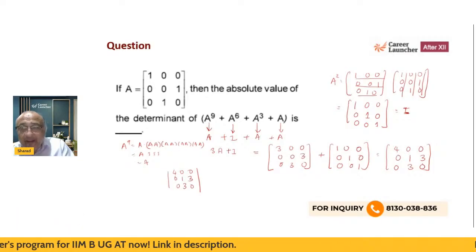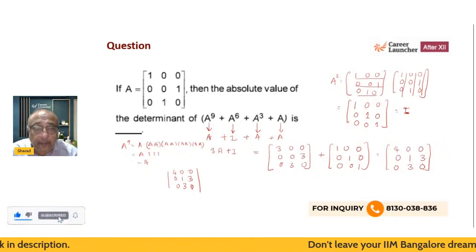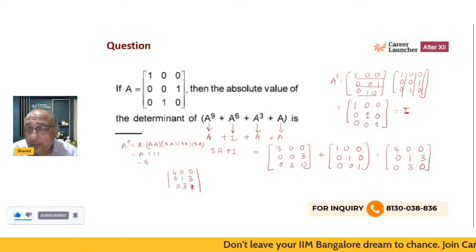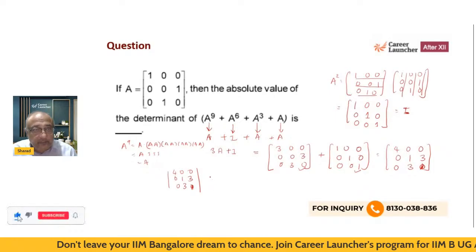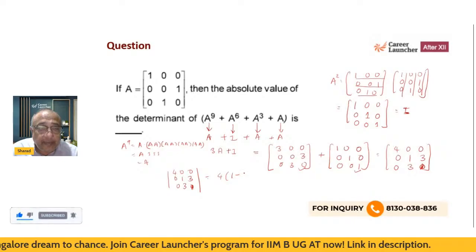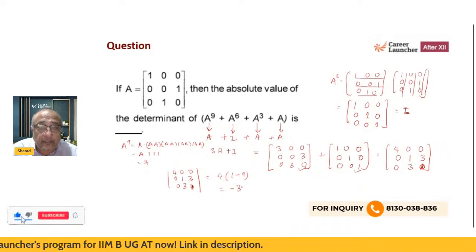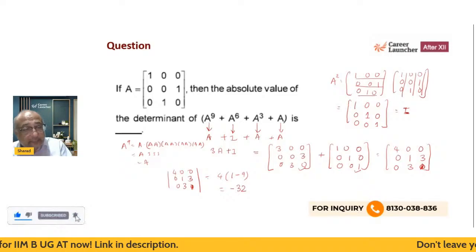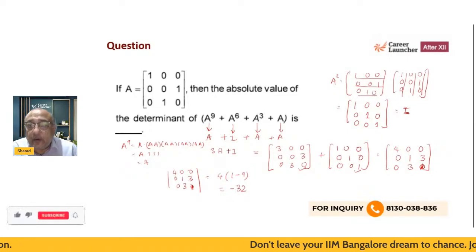Okay, great. I know there is a little bit of lag. Yes, you've got me correct. This is 1 because 1 is added here. 1, 2, 0, 1. So what is my answer over here? 4 into 1 minus 9, which is equal to minus 32. So let me see who has given the correct answer over here. The correct answer is by Ivan.